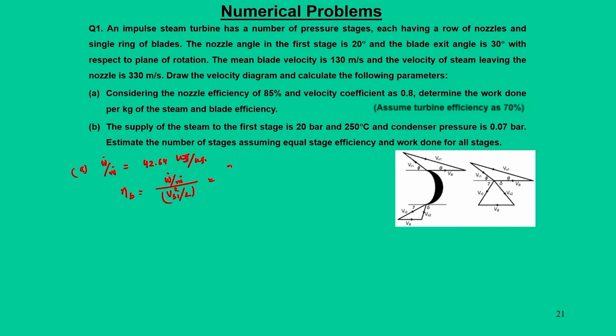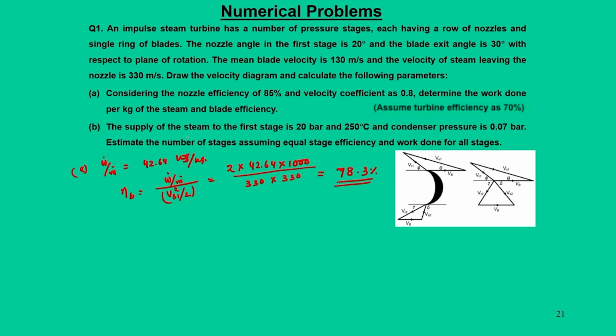So, this is 2 into 42.64 into 1000 because it is kilojoule, divided by Bs1, which is 330 meter per second, into 330. So, this number is 78.3%. So, we say blade efficiency is 78.3%.